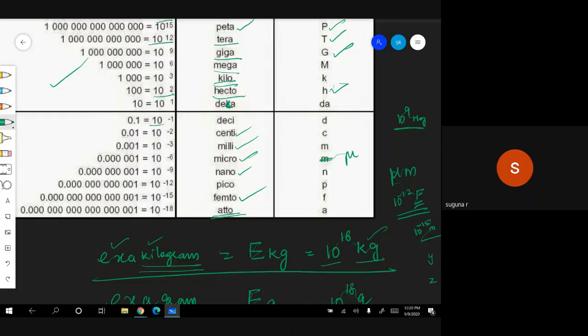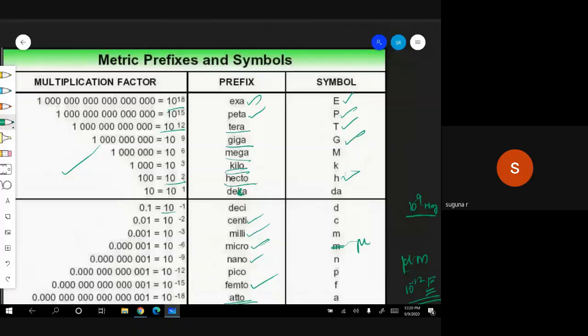Even here also, deca, we have seen up to exa only. There is one called zetta. Capital Z. Small z, I told you, is zepto.